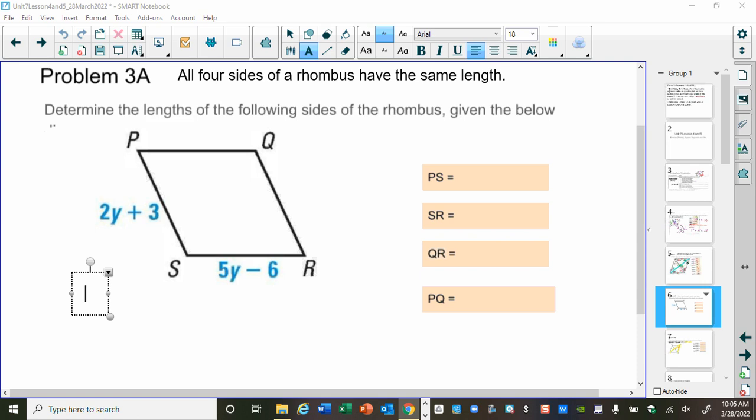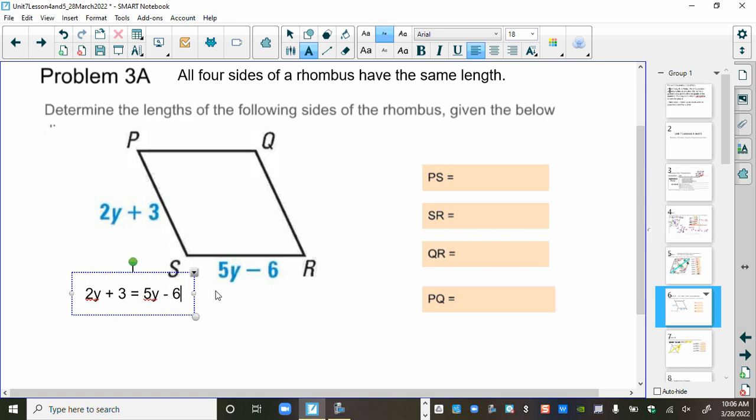So it's 2y. Two y plus 3 equals 5y minus 6.